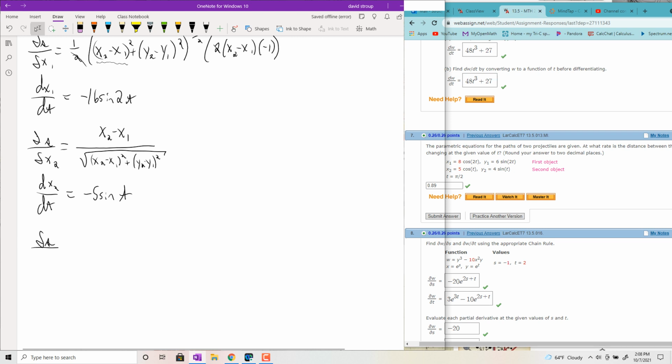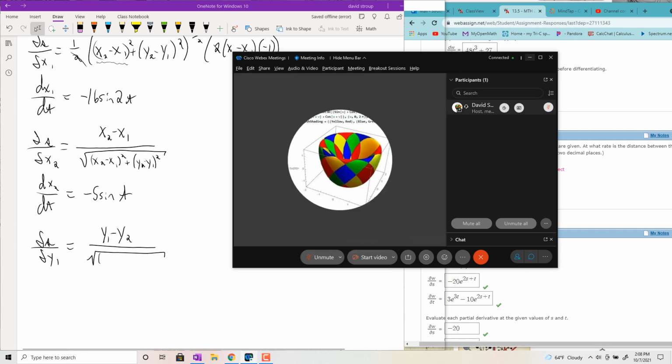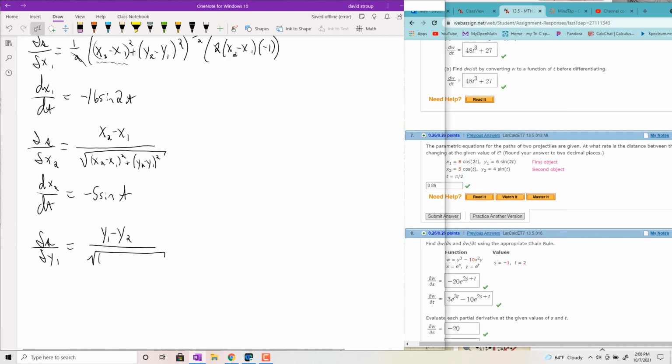Partial of s with respect to y1. This will be like the partial of s with respect to x1. It'll be y1 minus y2 because of the negative resulting from the chain rule, all over the square root of the same thing.